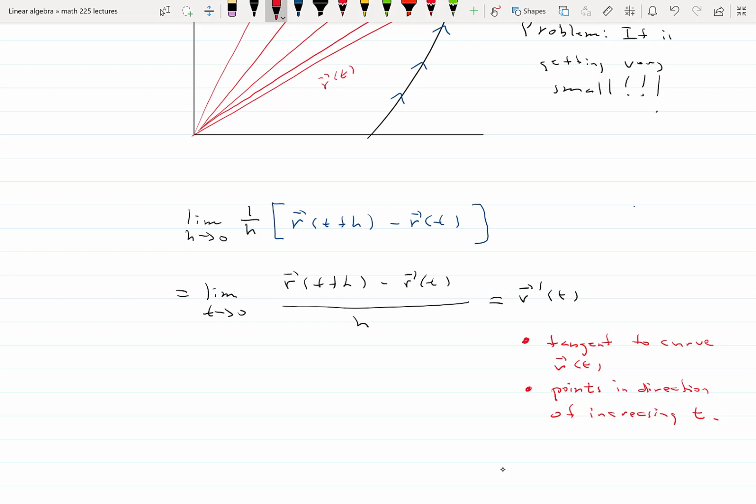That's a lot of what 13.3 and 13.4 are going to be based on, especially 13.4. The r prime of t, if this is a particle moving along a curve, actually gives us the velocity of the particle. Okay. And other things. The second derivative will give us acceleration and stuff.